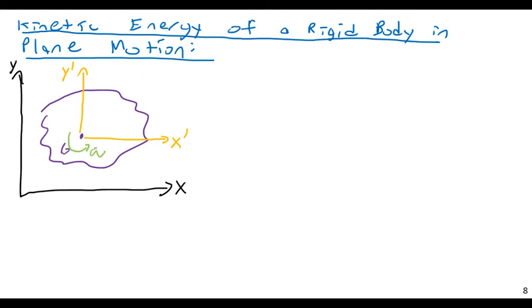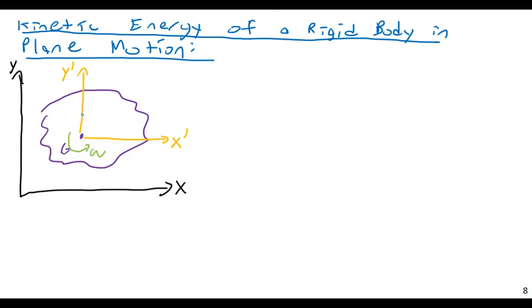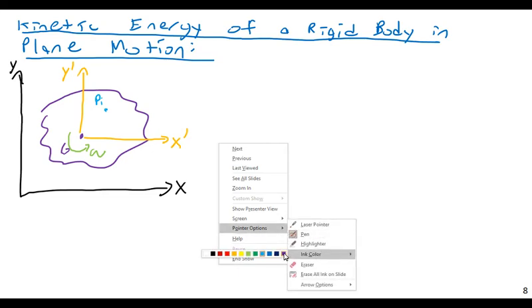And then let us look at just some point. Let us consider some arbitrary point here. It could be any point on the body. I'll call this Pi, and the I would indicate that we would be doing some sort of summation from I from 1 to n.